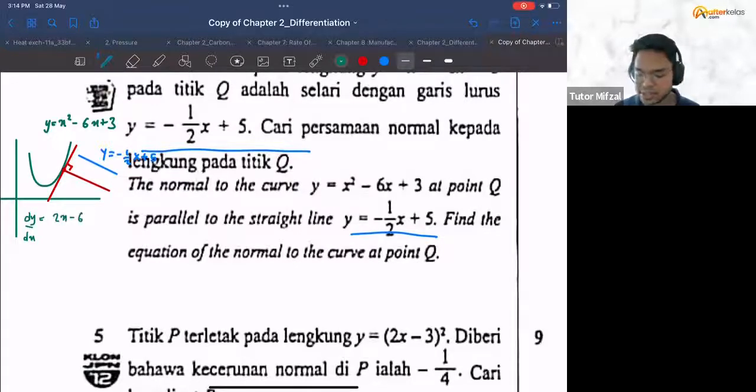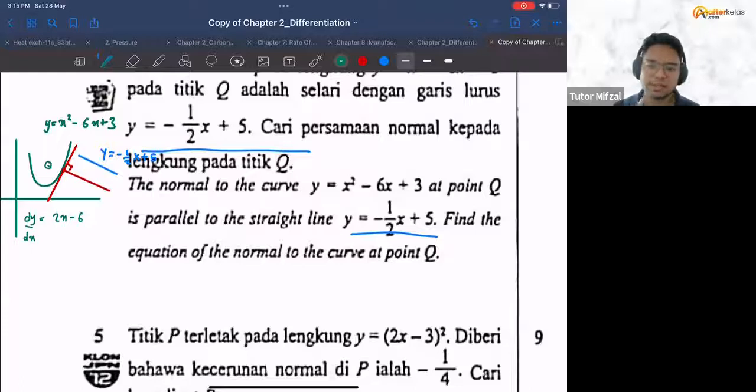And this differentiated equation represents the gradient of tangent, meaning that dia adalah gradient at any given point. So sekarang ni, I dah stuck. Sebab apa? Sebab sekarang ni, I don't know what is the value of x. I have no idea what is the value of x at point Q. Q ni tak tahu apa x dia. And I tak tahu coordinate xy dia.